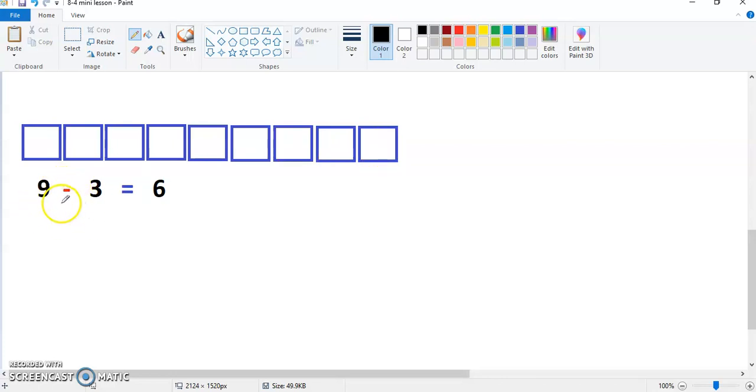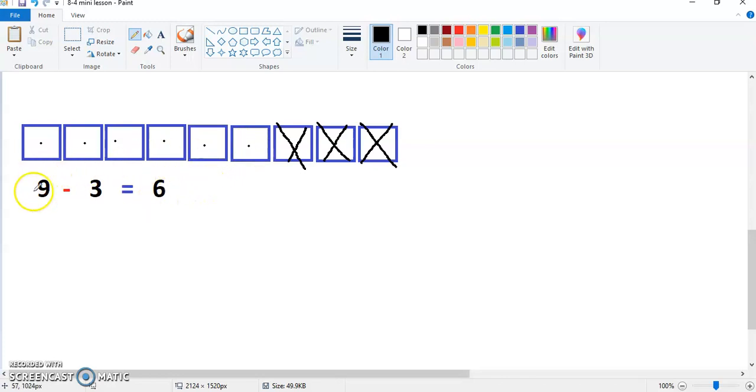Now we're going to minus, so that means take away, remember. We're minusing 3 today. So we're going to take away 3 connecting cubes. There goes 1, here's 2, and here's 3. Minusing 1, 2, 3. Now let's find out how many left over. Ready? 1, 2, 3, 4, 5, 6.